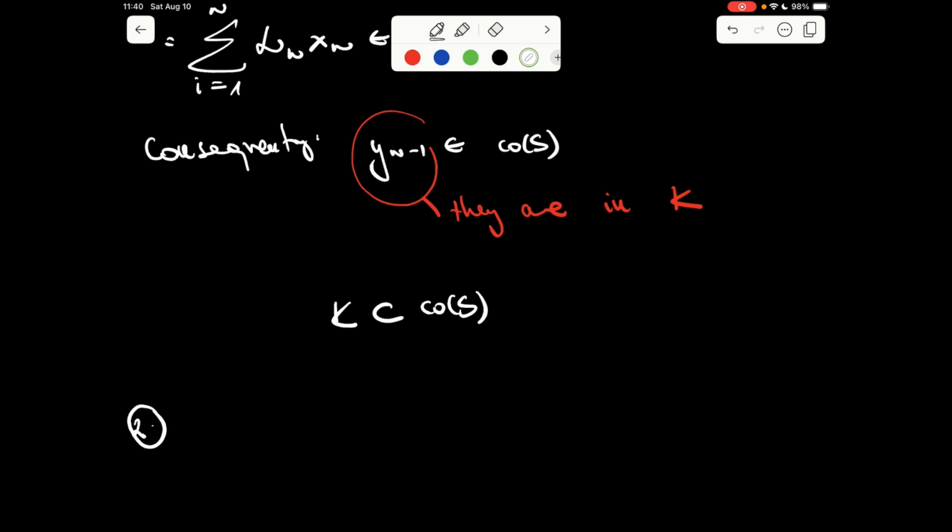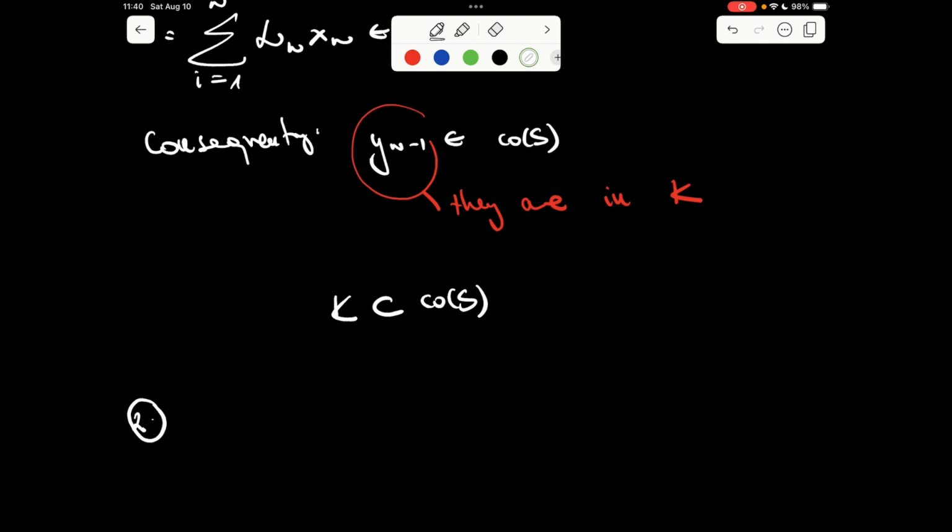In the second step, let's demonstrate the second part of the claim.